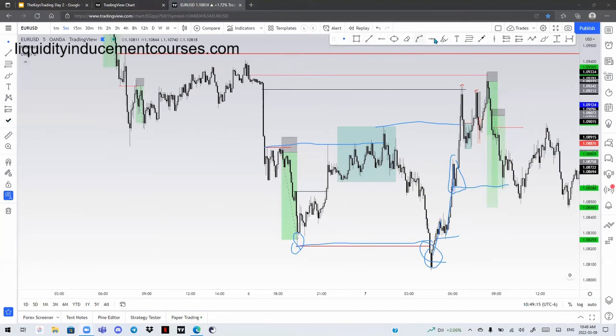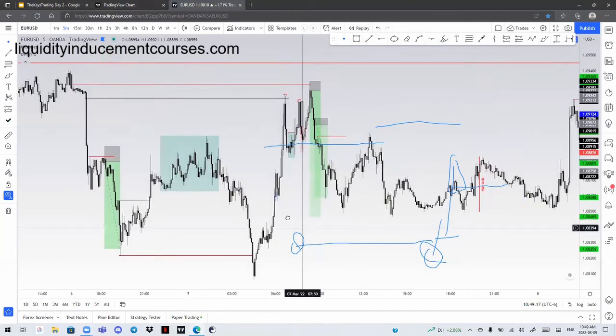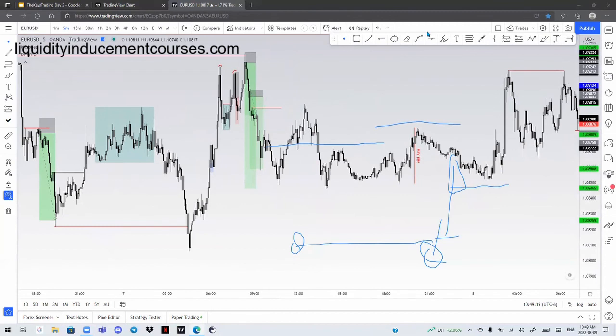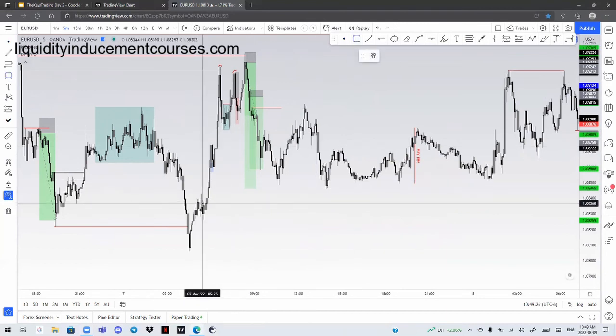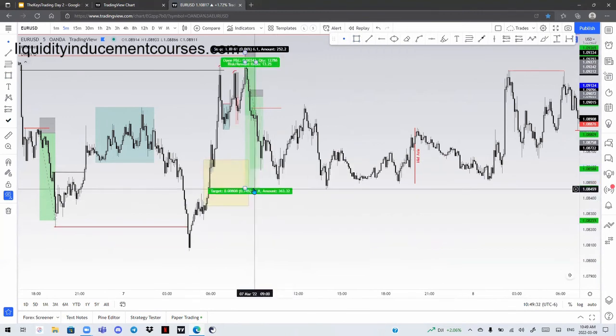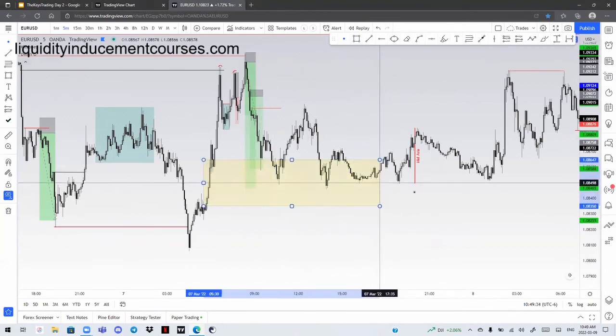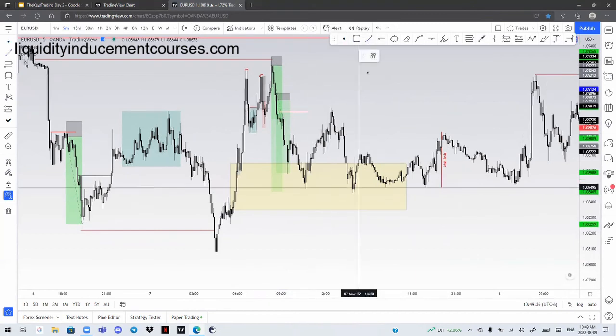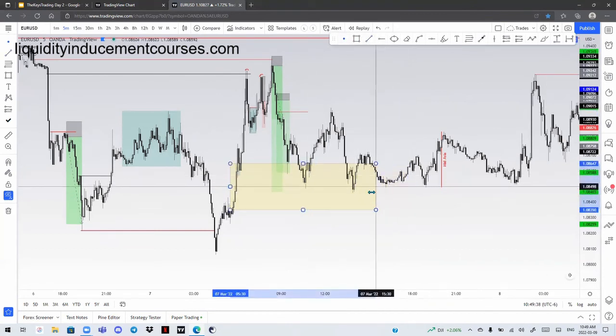Your next point of interest, let me go over, and I need to clear these. I'll just clear all drawings. Sorry about that. Your next point of interest is in the fair value between here and here. And you wait on the candle. Look at this line here.